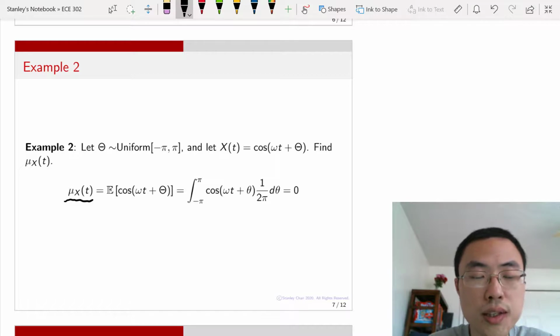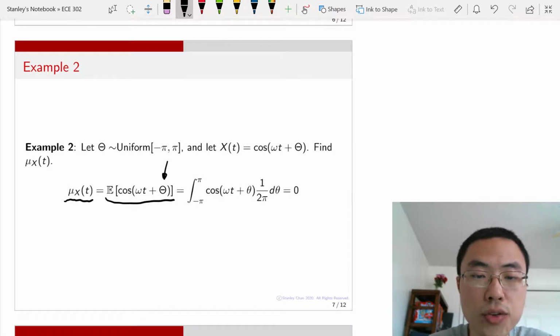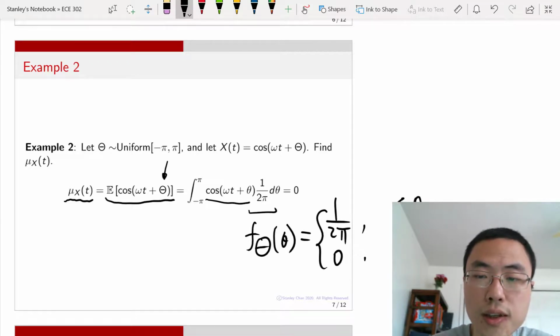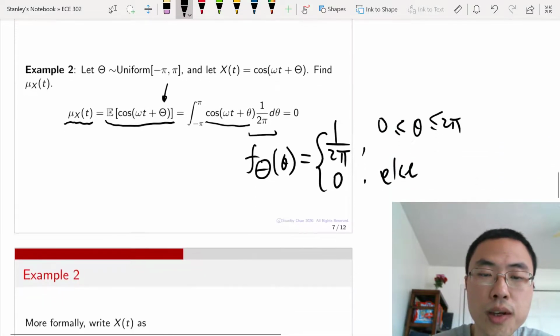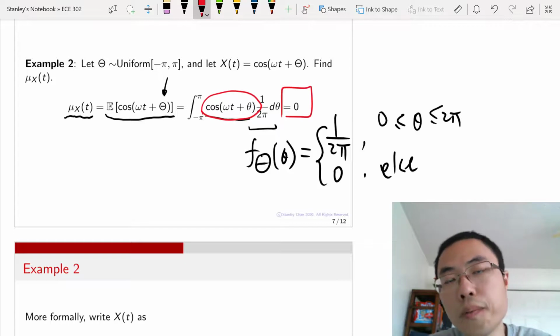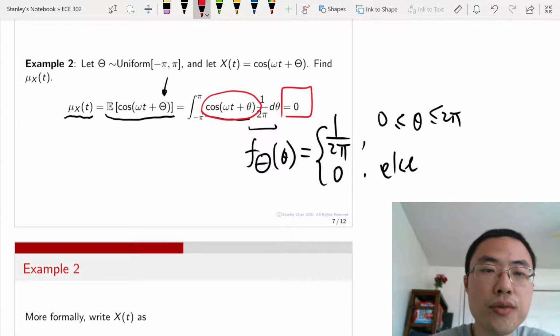You calculate the expectation of this function, which is the expectation of cosine omega t plus theta, and the randomness is theta, so you have this cosine times the PDF of theta, which is 1 over 2 pi if theta is between 0 and 2 pi, or 0 otherwise. Now if you integrate this cosine function over the entire period from minus pi to pi, you get 0. So that means the mean function is actually 0 for this problem.